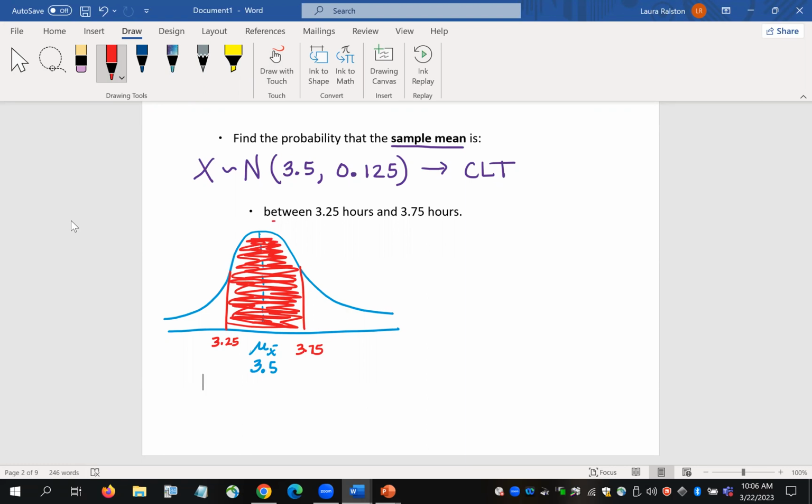Remember, Minitab uses the phrase middle. Okay, so we're using the same guidelines, or the same clicks, if you will, that we used on Monday, because we're still dealing with a normal distribution, but what has changed is I have applied the central limit theorem.